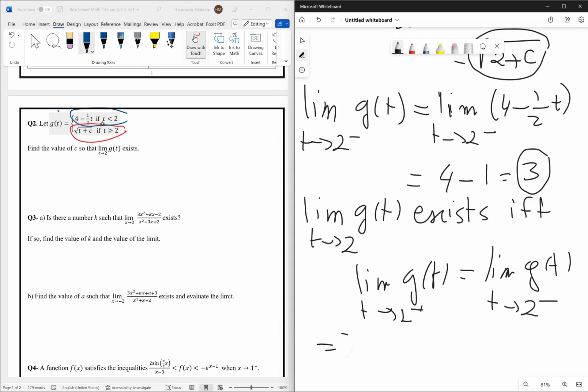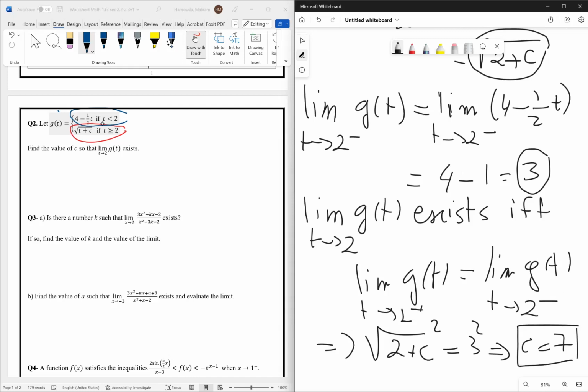That means root 2 plus c equal to 3. And simple computation will give that, make the square root here. So c equal to 7. 9 minus 2 is equal to 7. Okay, this is the question 2.